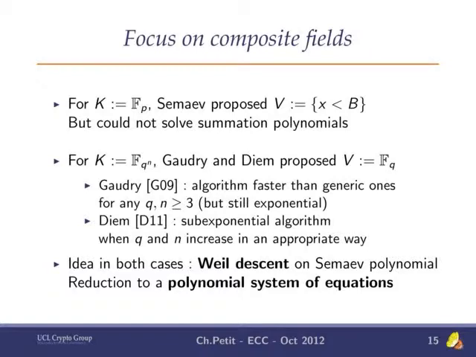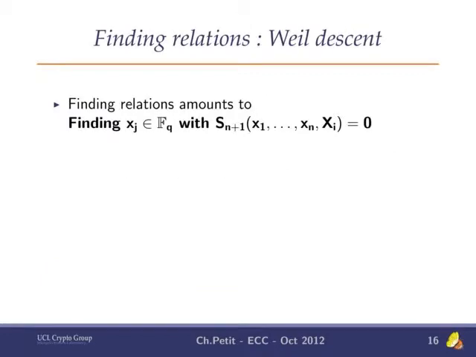But the idea in both cases was to solve the Semaev polynomial, the summation polynomials, by applying a Weil descent on the polynomials. By doing this, you reduce the solving of the equation to solving a polynomial system of equations. So let's go into more details.